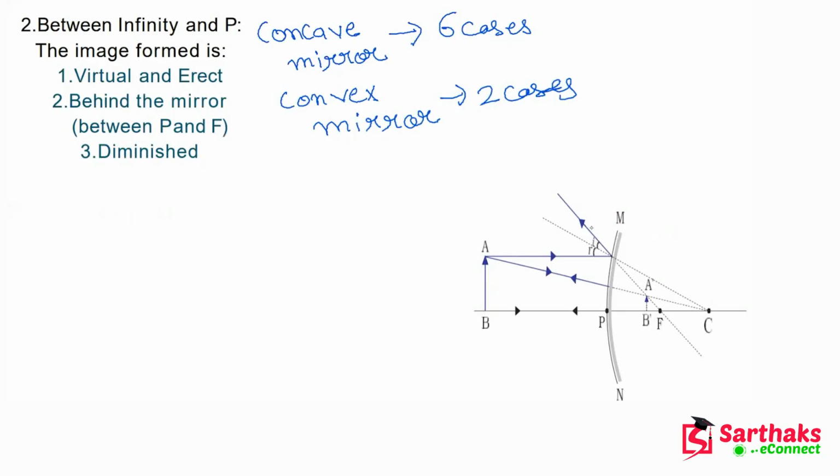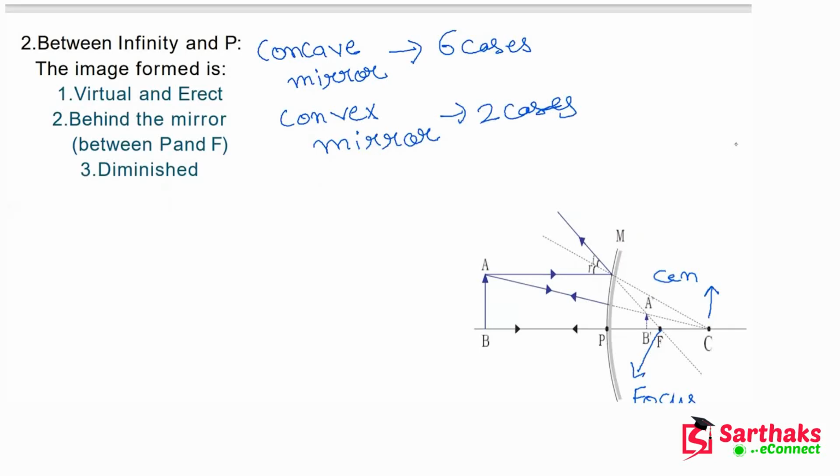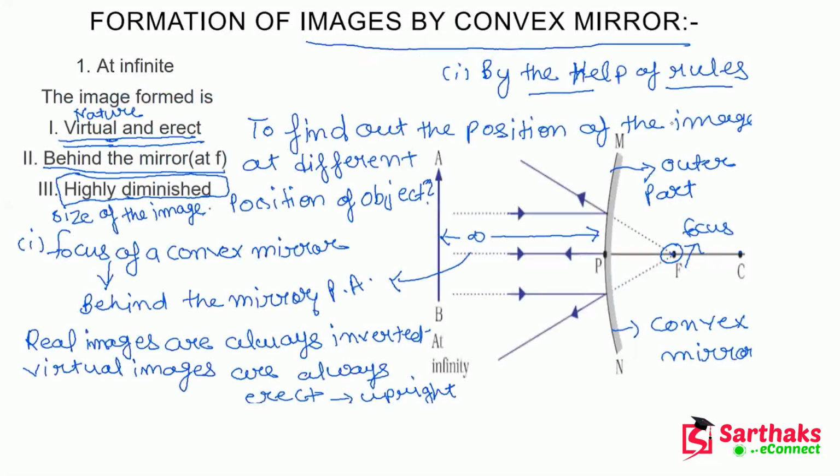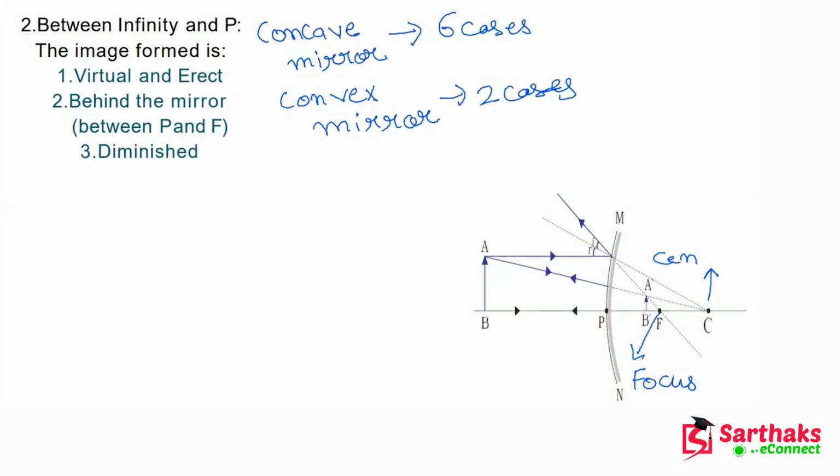So guys, in this case, what will happen? This is a convex mirror. This is focus F. This is the center. Let me write it here for you. This is point P, and P stands for pole.